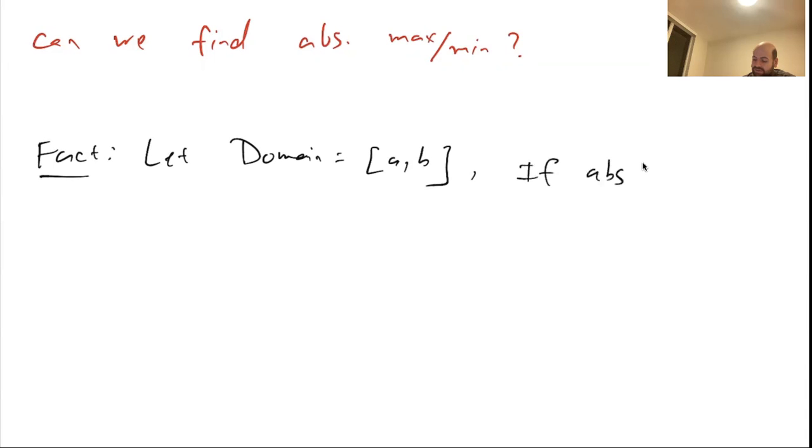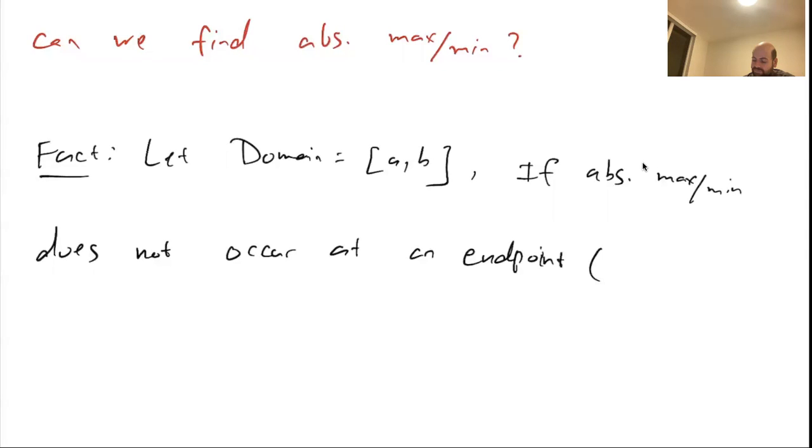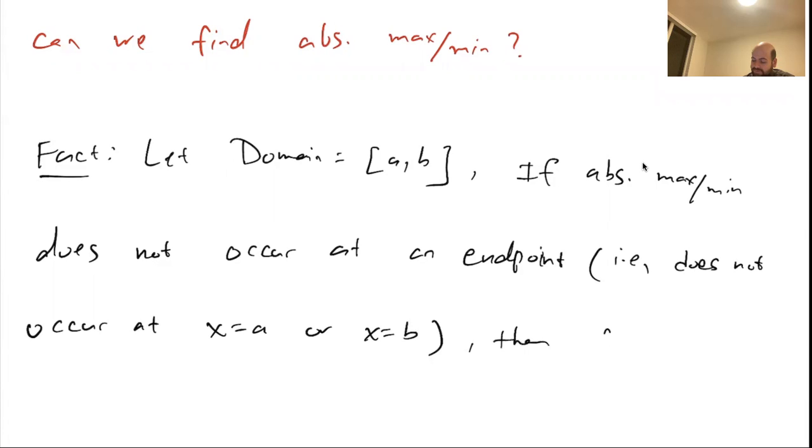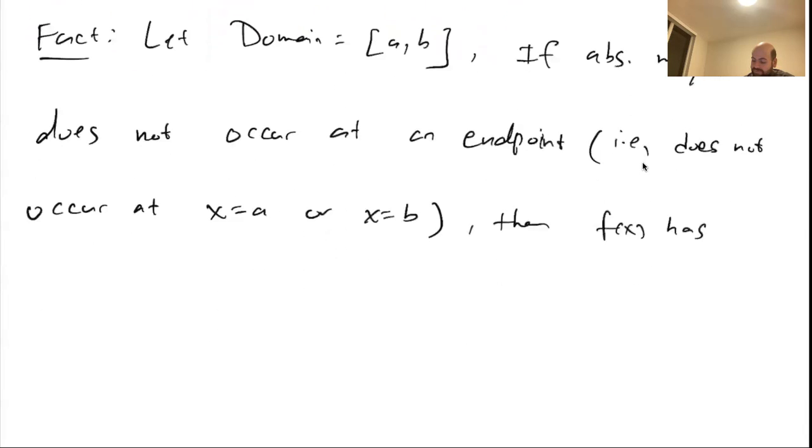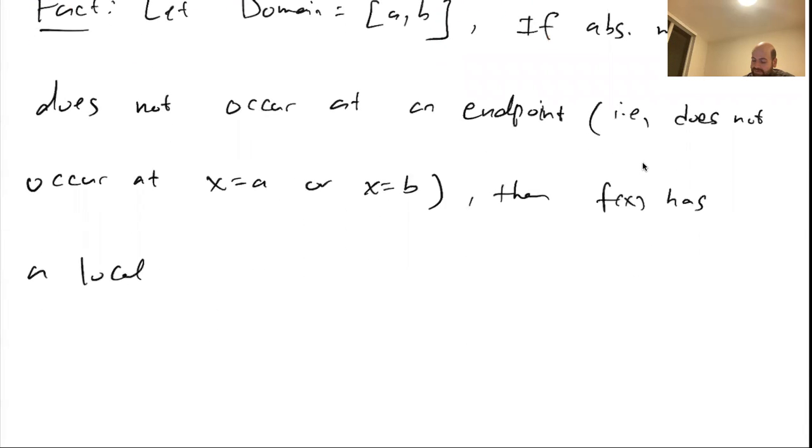If an absolute max or min does not occur at an endpoint, meaning that it does not occur at x equals a or x equals b, then f of x has a local max or min at that point.